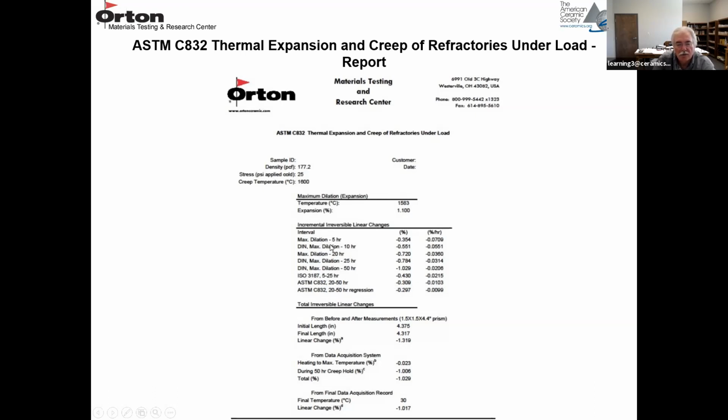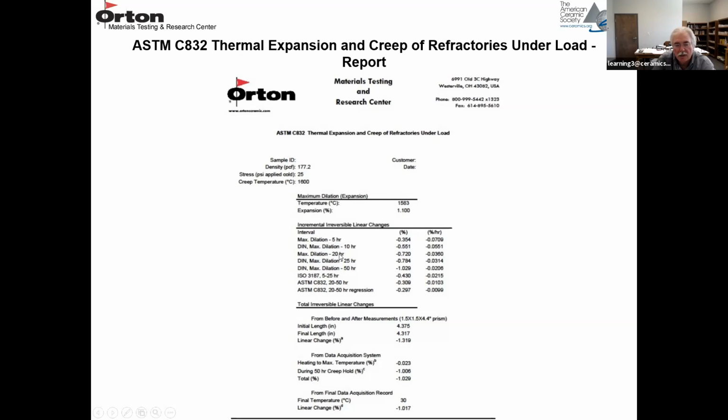There's a DIN, a German test, an ISO test, and they all have different ways of reporting. Some of these tests like to report a maximum dilation or 5 hours past the maximum dilation, 10 hours past the maximum dilation. So that would just be the percent deformation from maximum dilation to 5 hours, maximum dilation to 10 hours.